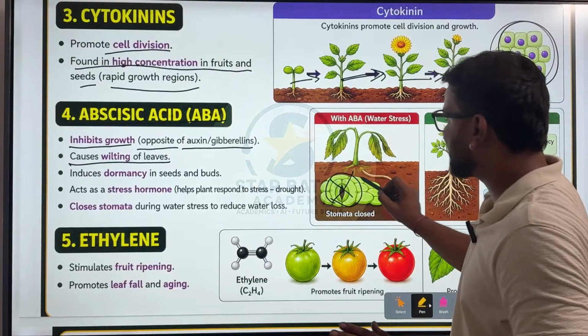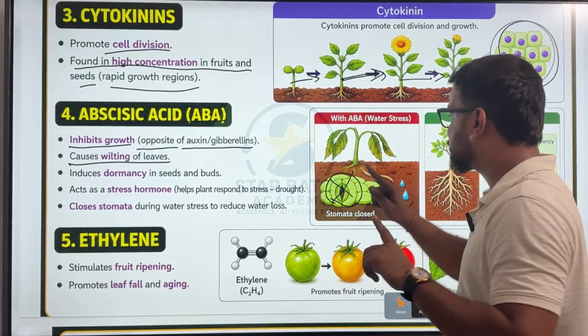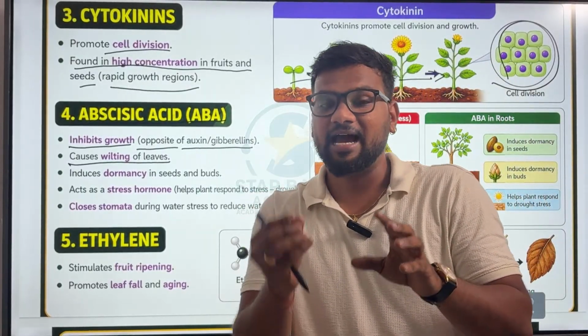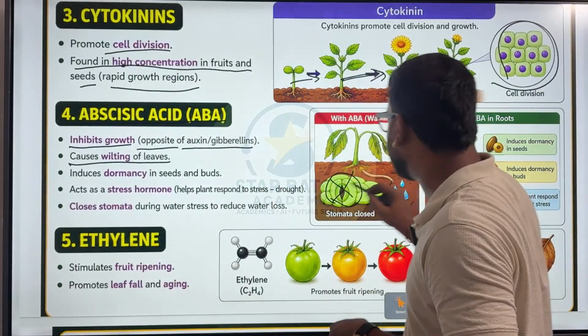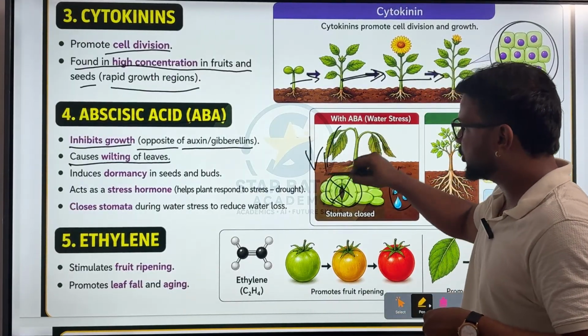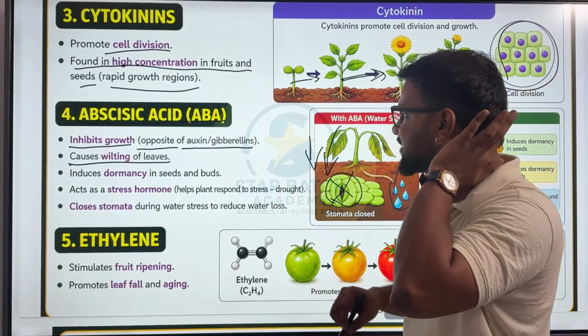The stomata are closed everywhere so that the water is stored inside the plant, and the excess parts of the plant, like leaves, fall off. Okay, simple, I'm saying it again, understand.